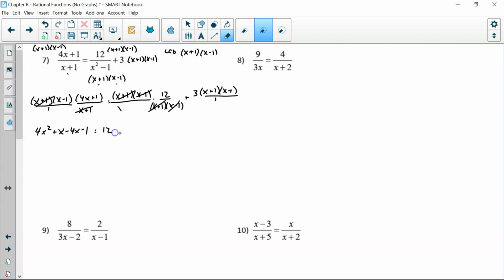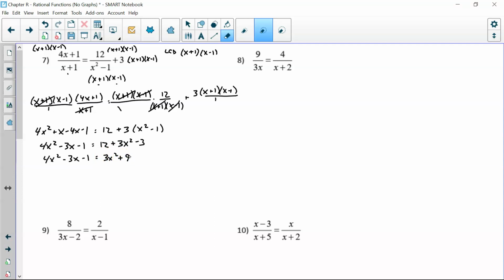All we're left with is a 12. Easier than I just made it. And now it's plus 3 times, and we know x plus 1, x minus 1 is x squared minus 1. So we combine. We get 4x squared minus 3x minus 1 equals 12 plus 3x squared minus 3. 4x squared minus 3x minus 1 equals 3x squared plus 9.